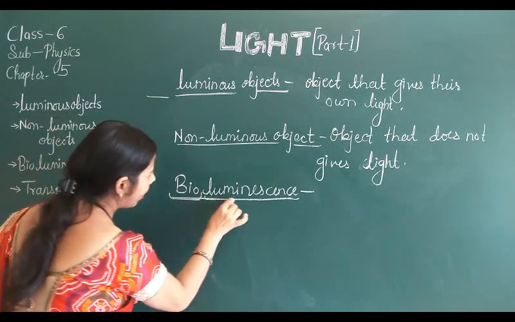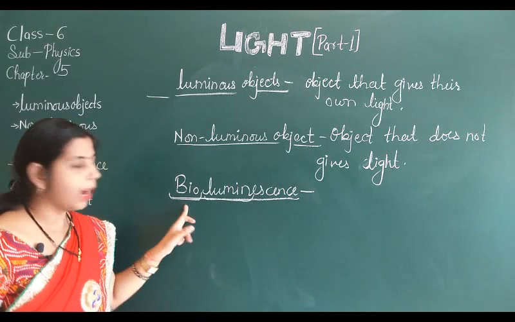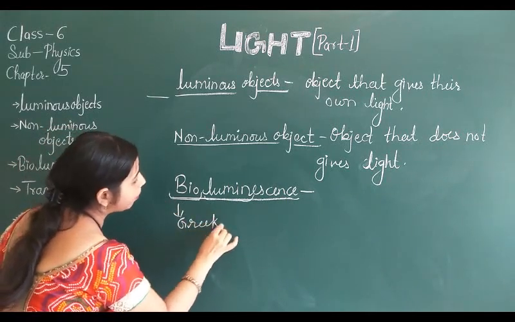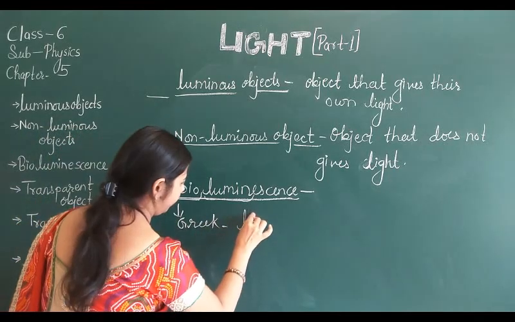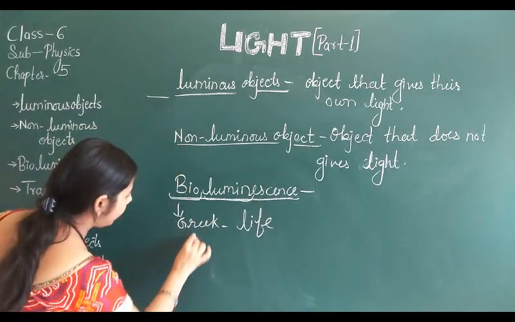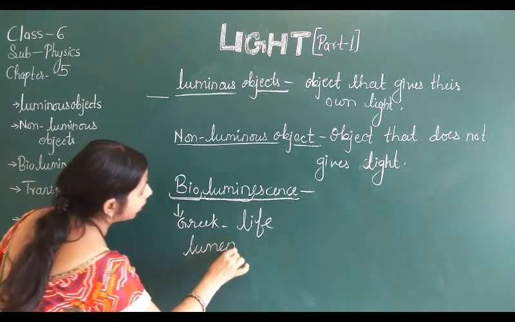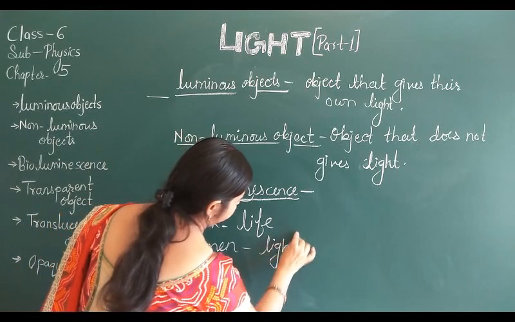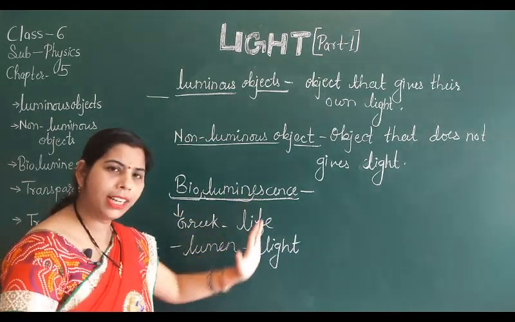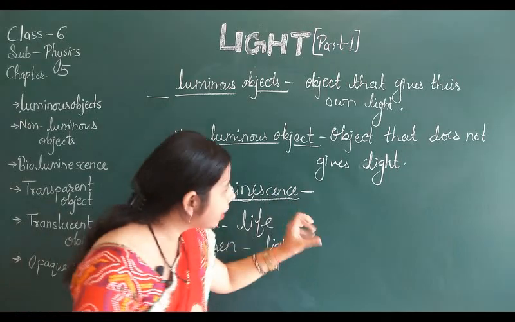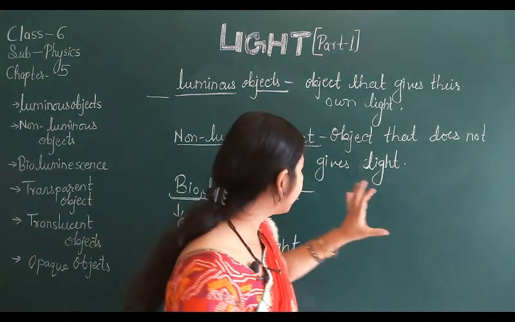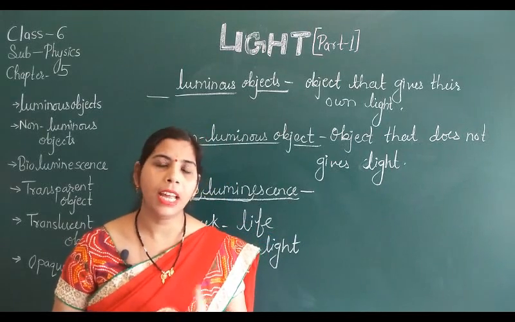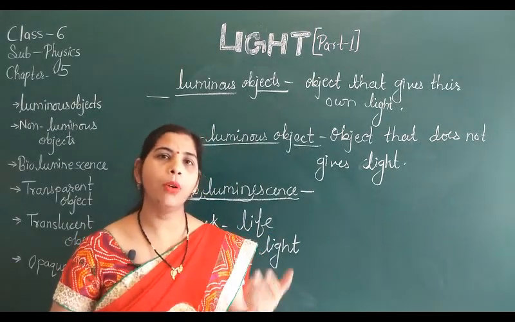First is bio and second is lumen. Bio is a Greek word whose meaning is life, and lumen is a Latin word whose meaning is light. Now life, light, how can you relate this? Some living organisms emit light and that is known as bioluminescence.